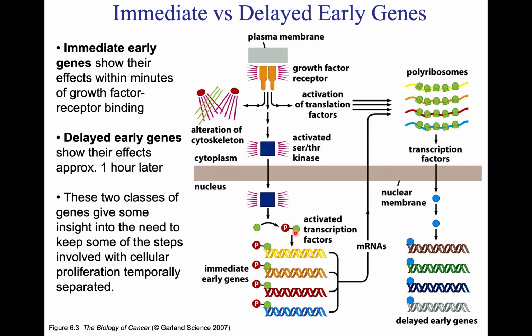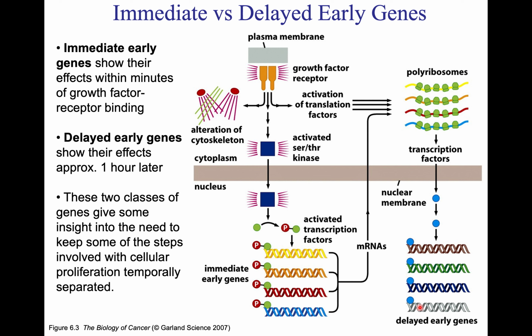That transcription factor now goes and turns on transcription of a set of genes, the immediate early genes. They're transcribed, the mRNAs leave the nucleus and get translated out in the cytoplasm. And it turns out all of these immediate early genes are simply producing a second round of transcription factors. So those transcription factor proteins go back into the nucleus now and activate the second round, the delayed early genes.